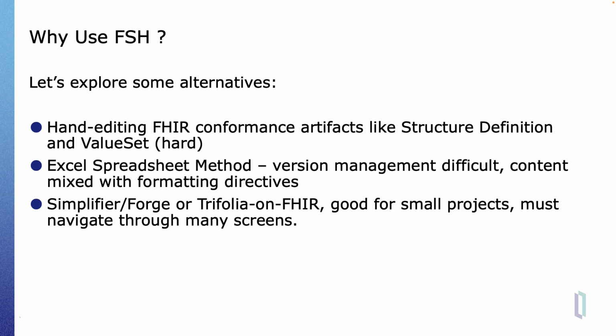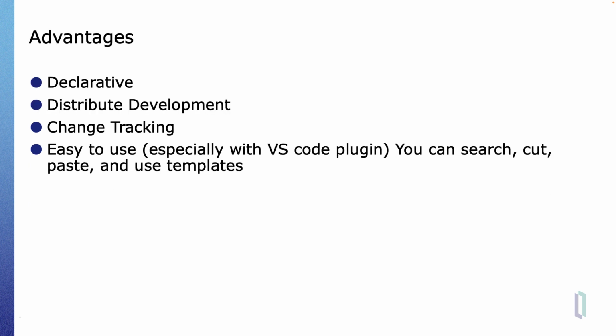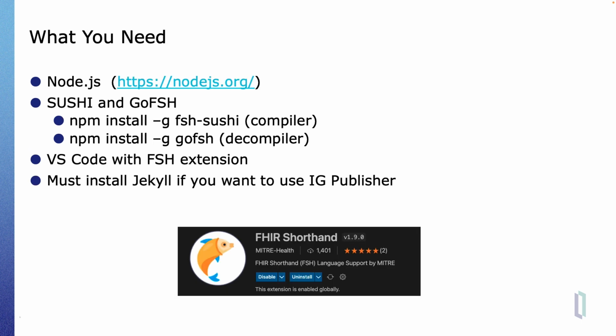Other tools don't offer the ease of use or power in creating profiles and implementation guides. There are many advantages, especially readability, and also the ability to easily version and track guides with source control like Git. Only a few packages are needed to use FSH with Visual Studio Code.